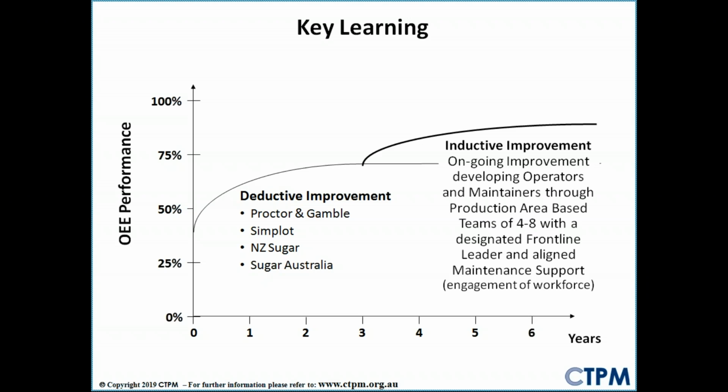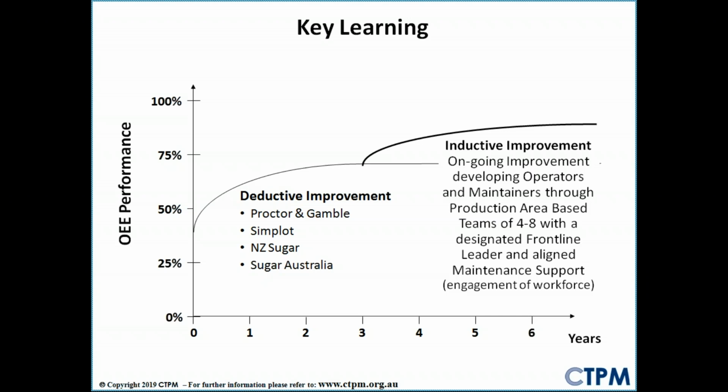Well, what Procter & Gamble found, and what we did at Simplot, and what we did at New Zealand Sugar, and what we did at Sugar Australia, and most of all our clients now, is that we introduced inductive improvement through operator equipment management, which is ongoing improvement.